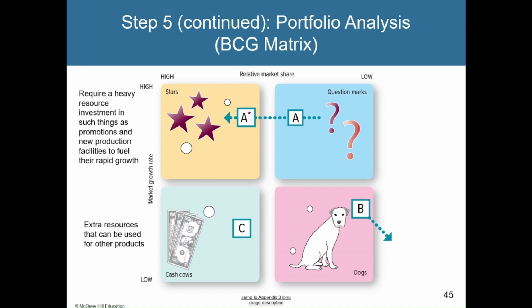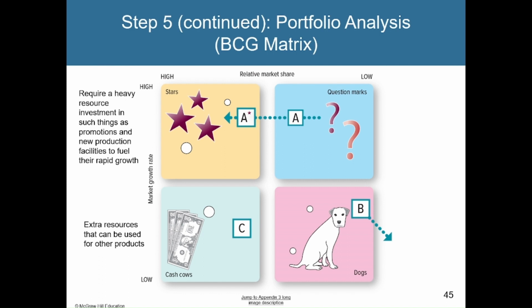The third category is called question marks. Products or strategic business units that are put in this category are in a high growth market but have relatively low market share. These types of products are often the most managerially intensive products in that they require significant resources to maintain and potentially increase their market share. And the last category is called dog.